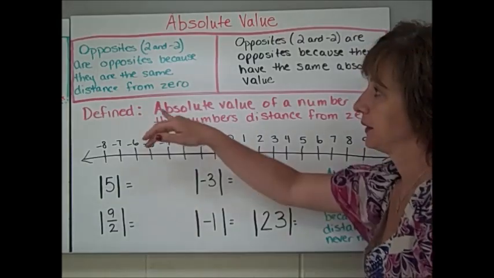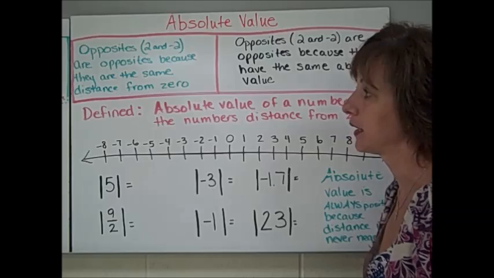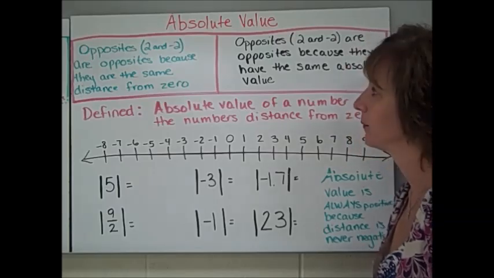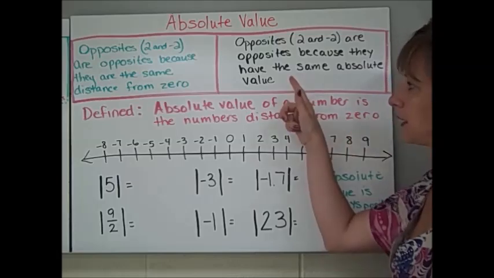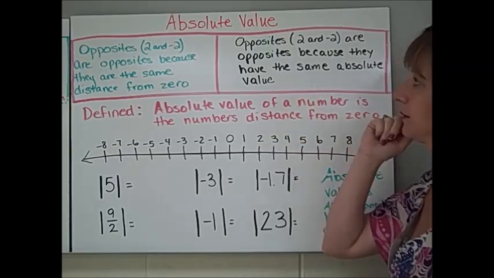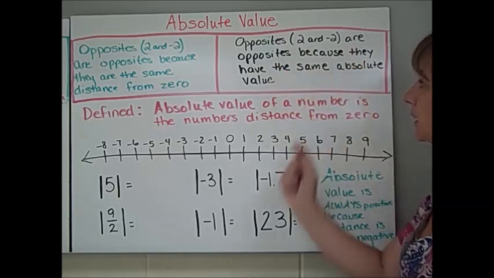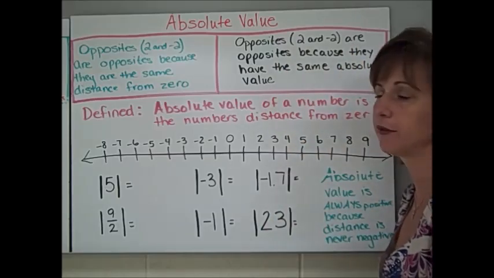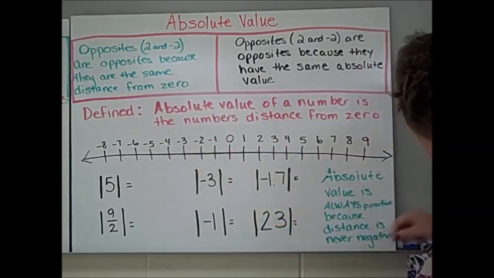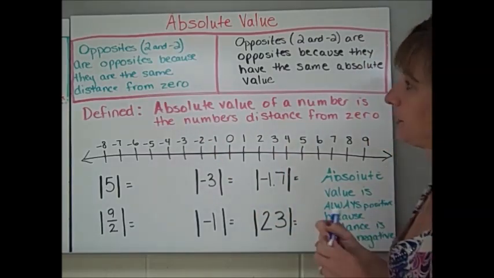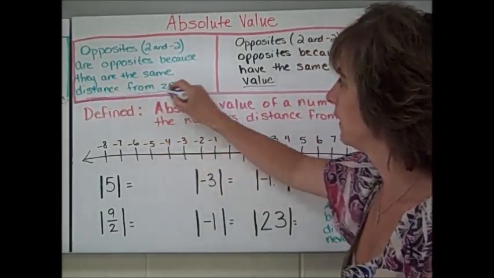You know that opposites, 2 and -2, are opposites because they are the same distance from 0. Well, today we're going to learn about absolute value, and I've used absolute value in this black sentence. Opposites, 2 and -2, are opposites because they have the same absolute value. If I read the sentence in green and the sentence in black, they're identical with the exception of this and this.